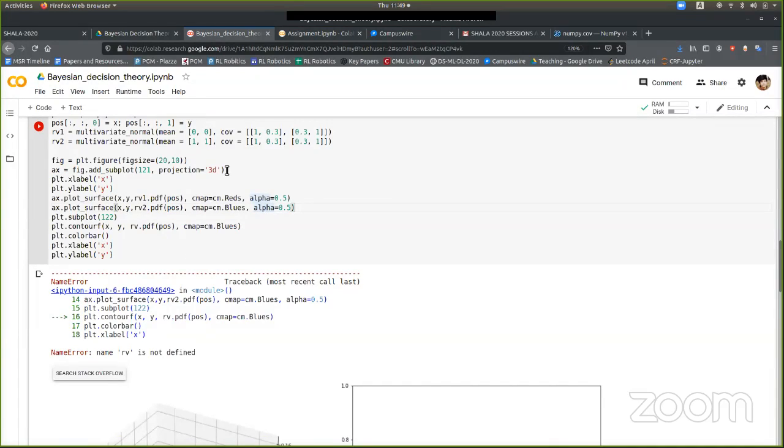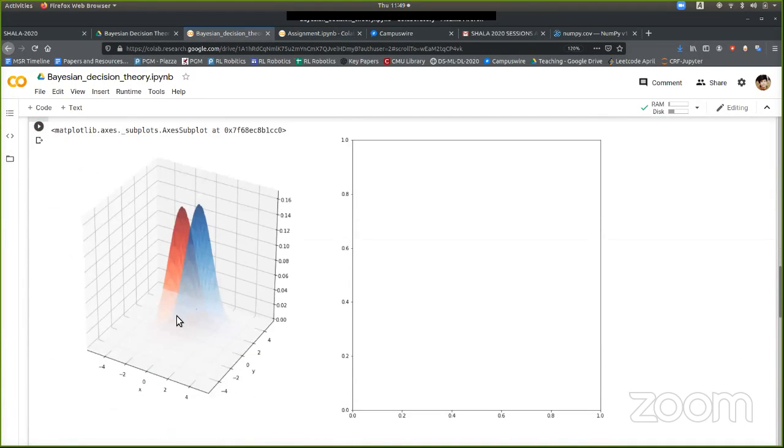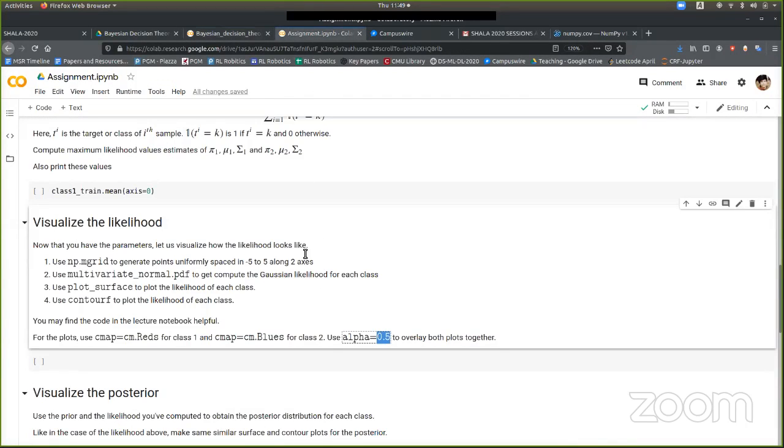Right, so you can see the two figures together in the same plot if you use this transparency. Okay, so that was about visualizing the likelihood.